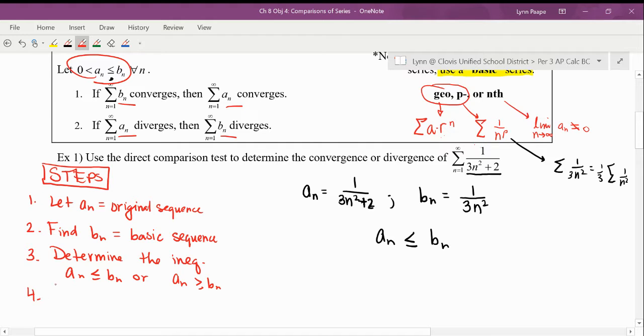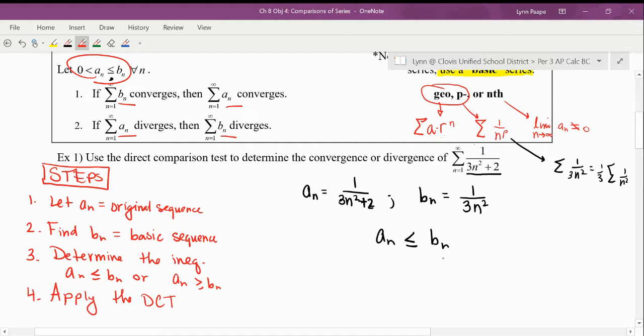Now this is when I apply the direct comparison test, and I'm going to abbreviate that DCT. So what does that mean? This is me thinking, because I don't want to memorize, since that gets me into trouble.